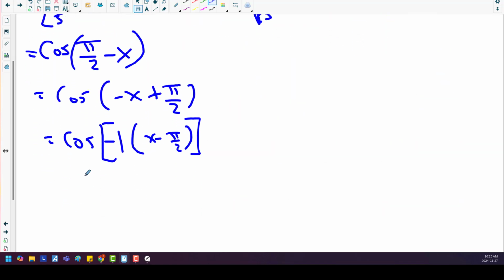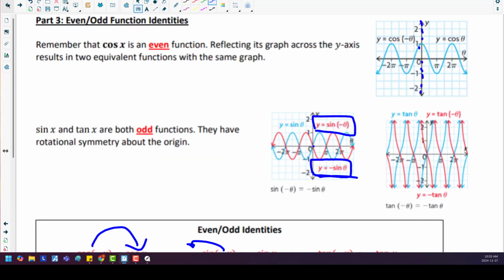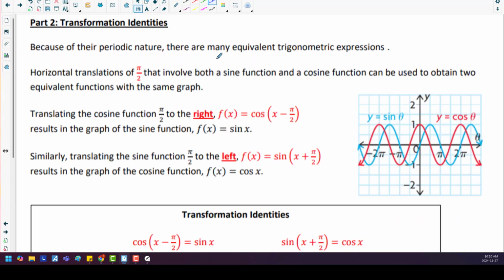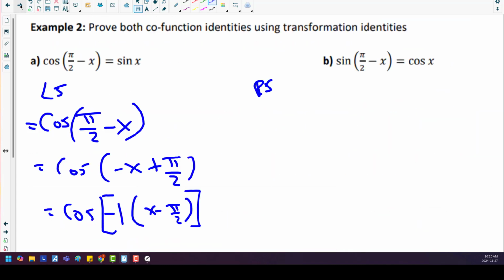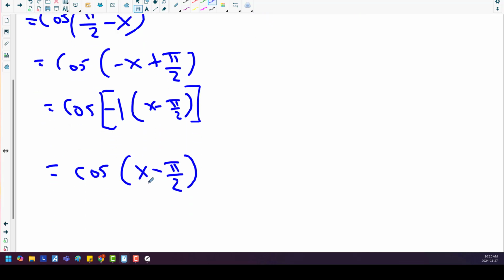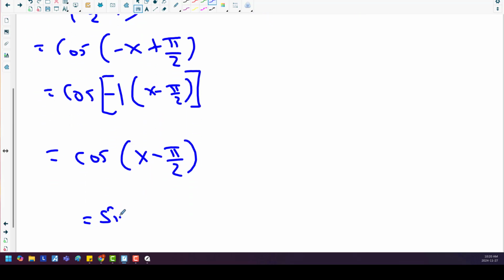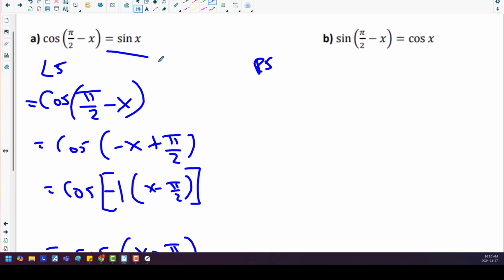So that negative 1 just disappears using that knowledge. And here we have cos of x minus pi over 2. This should look familiar because this is our transformation function. Cos of x minus pi over 2 is the same thing as sine x. So this is equal to sine x. And now we have left-hand side equal to right-hand side.